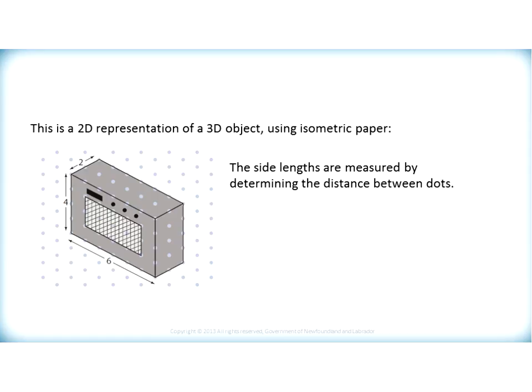I got those numbers by measuring the distance between the dots. If I look at the depth, here's my first dot right here, and there are 1, 2 dots to get to the back of that diagram. So it's 2 units in depth, 4 units in height, and 6 units in length.